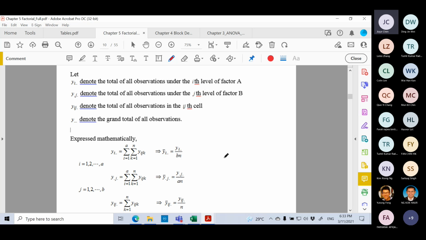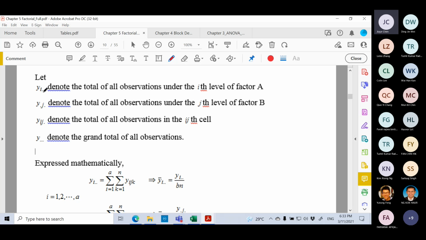So for the idea of the analysis of variance here, I just give you some notation first before I break it into the different components. If you still recall what you have learned before, the yi double dot here is the notation for the i level of factor A. The dot j dot stands for the j level of factor B. Ij dot means the total of all observations in the Ij cell.